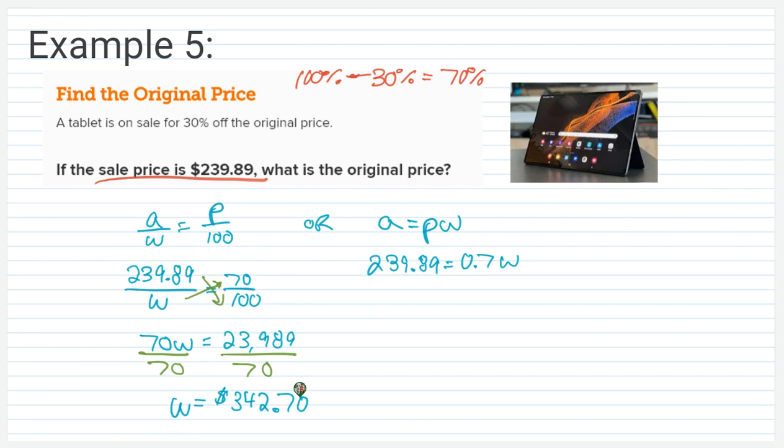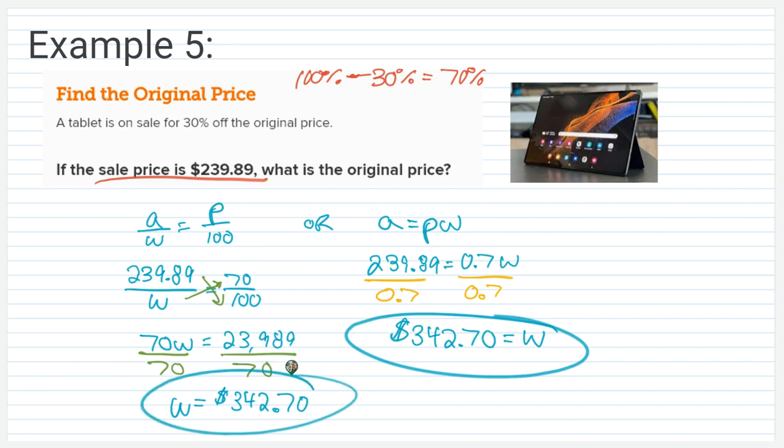Now, if I solve my equation, very similar steps. At this point, we have 7/10 W. So to get rid of that 7/10 that's being multiplied by W, we're going to divide both sides by 7/10. And 239.89 divided by 7/10 is going to give us the same answer of $342.70. So that was the price before the 30% discount.